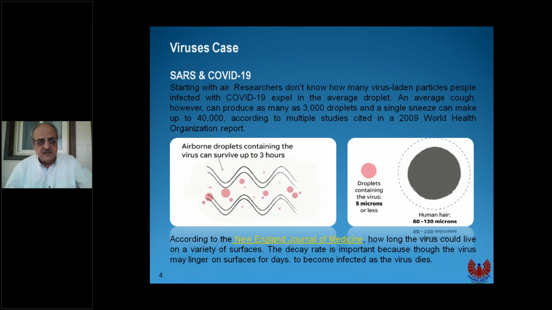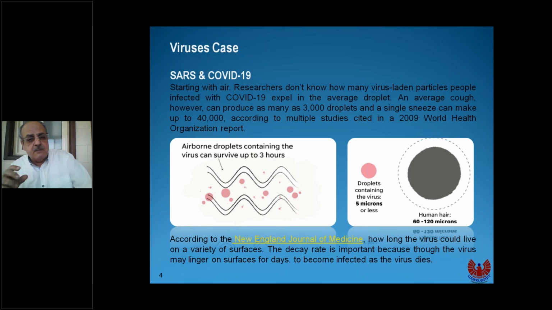For example, one of the gained data is that during a cough there are about 3,000 droplets coming from the patients, and during a sneeze it could reach 40,000 droplets. And by the way, we consider the droplet to be 5 microns.